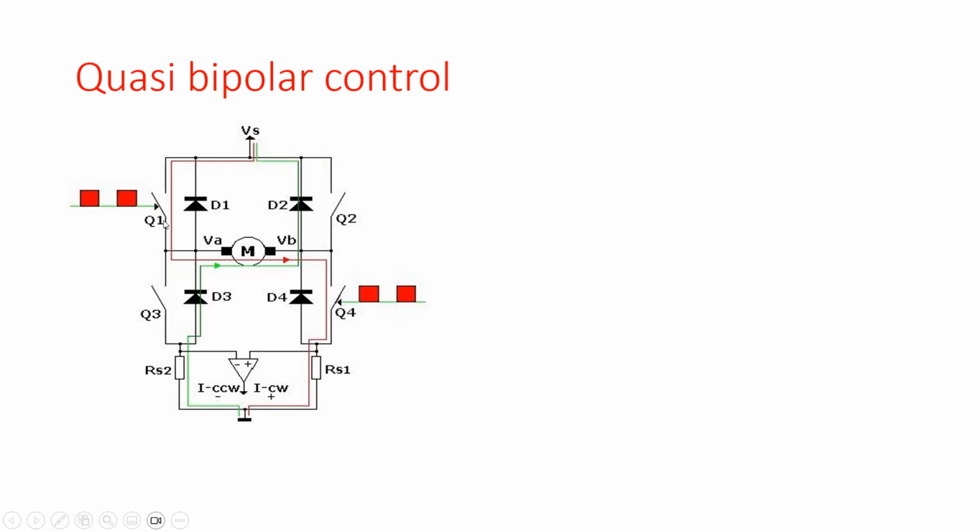So when we open Q1 and Q4 during the inactive period of the PWM, the only current path available is through diode D3 over here, which is a green arrow, through the motor, through diode D2 up to the power supply over here.